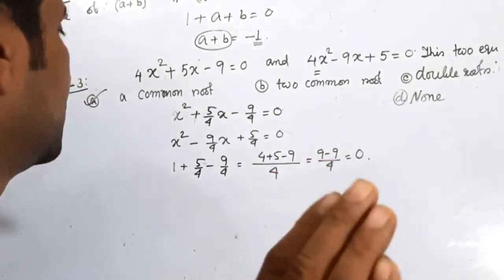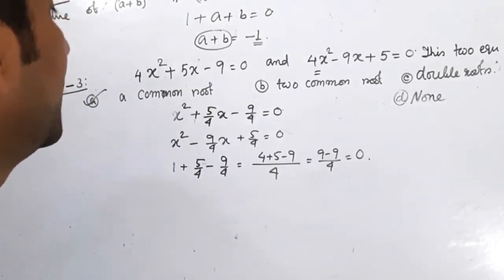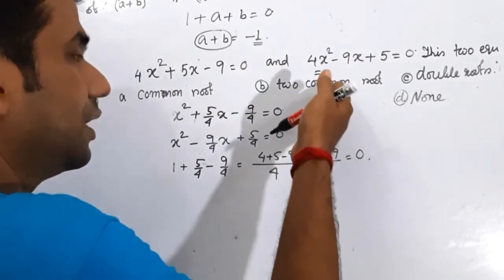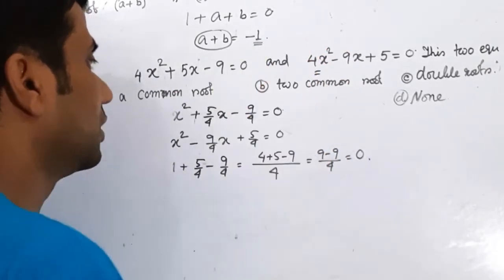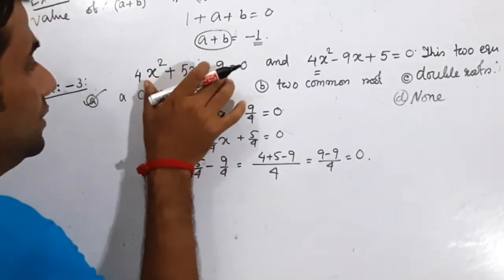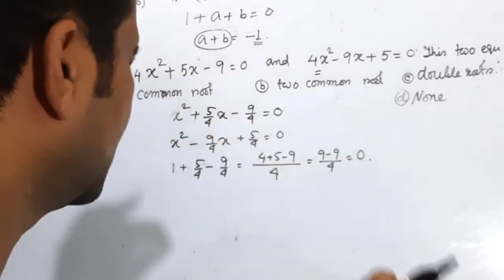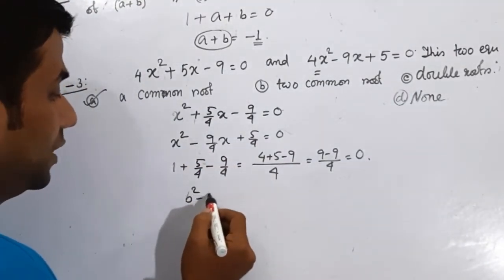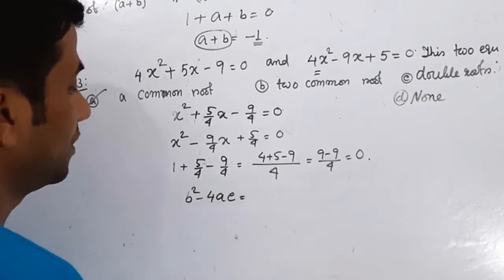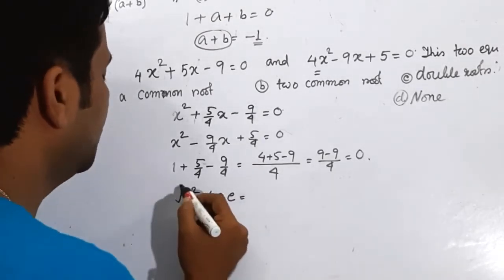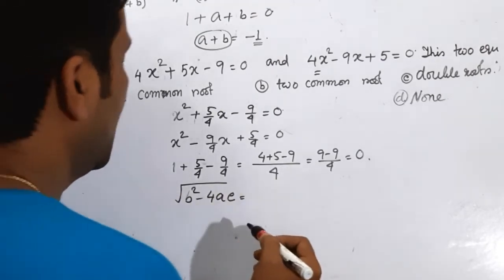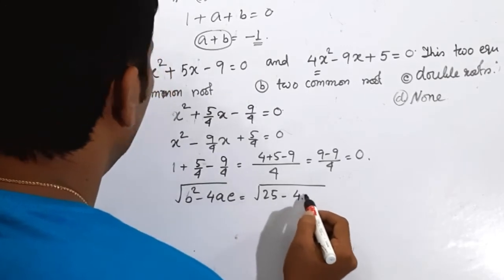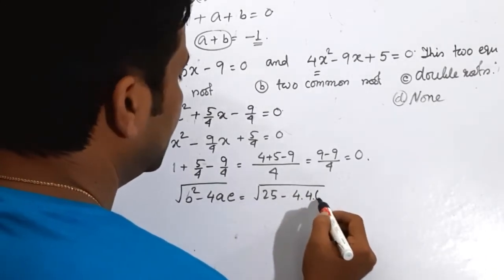Then what I said before, that if there exists an imaginary root or irrational root, then there exist two common roots. Now we check whether in this equation there exists an irrational root or imaginary root. We can get it in a simple way: root over b square minus 4ac, root over b square means 25 minus 4, a means 4 and c means minus 9.